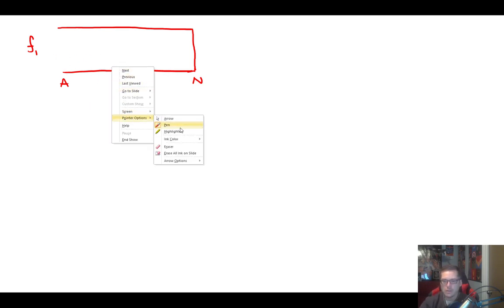So let's draw a couple of these. We've got F1 for our fundamental. So there's this guy here, but the difference is now it's closed at one end. So the open end is going to have an antinode, the closed end is going to have a node, so we don't need anything in the middle here at all, because it just needs to go from antinode to node.